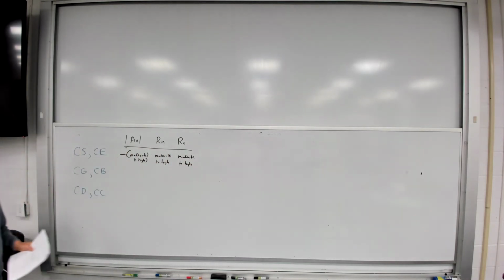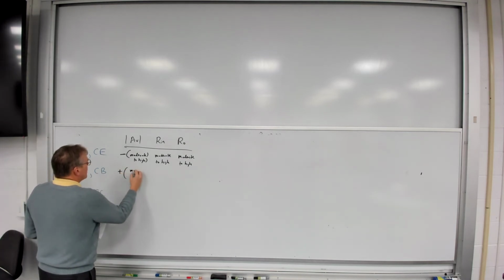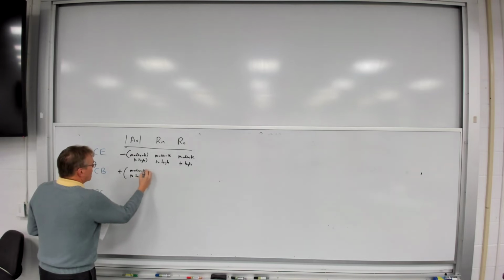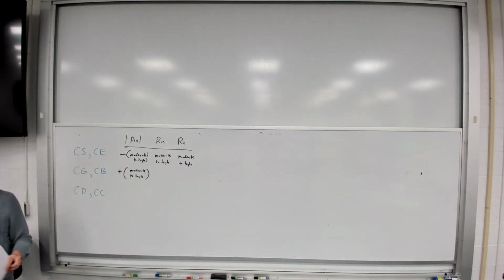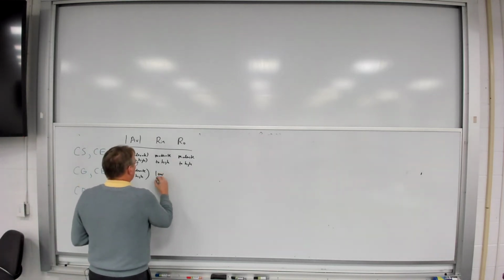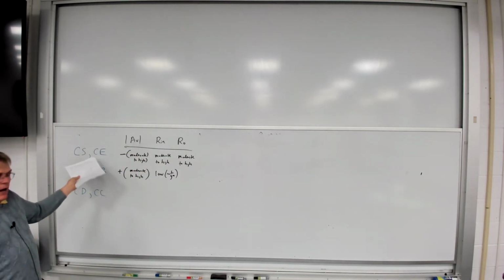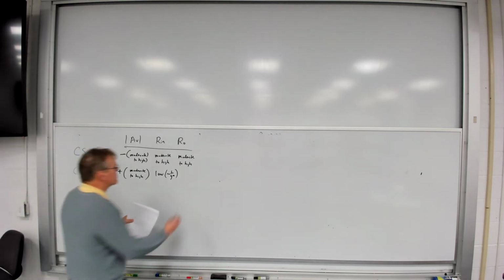Common gate, common base, they have a positive moderate to high gain. But the input resistance tends to be low, on the order of 1 over gm. Output resistance is the same as for the common source or common emitter, so that tends to be moderate to high.